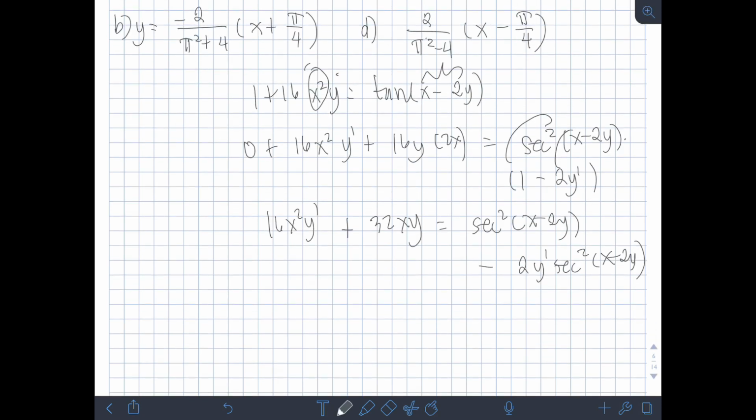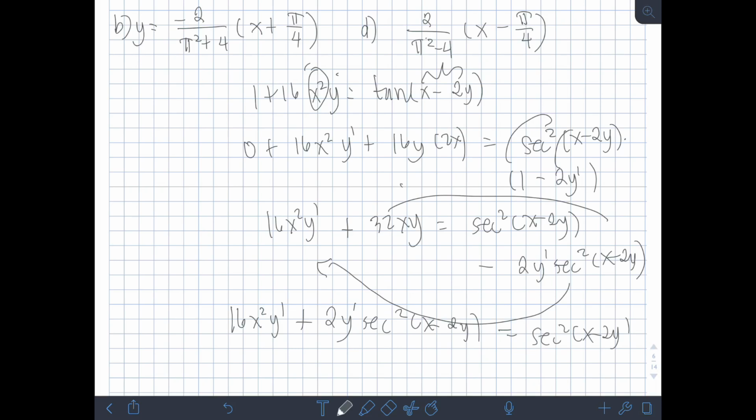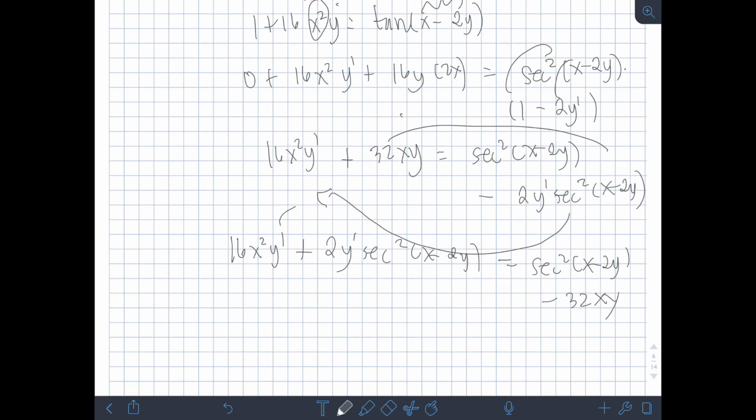So, group ko yung may mga y prime dito sa kabila, yung mga wala dito. So, transpose ko tong negative 2y prime secant squared of x minus 2y dito. So, 16x squared y prime plus 2y prime secant squared of x minus 2y equals, and then itong positive 32xy, transpose ko sa kabila, we have secant squared of x minus 2y minus 32xy. Okay? So, factor out itong y prime.